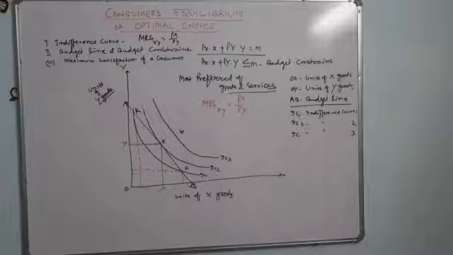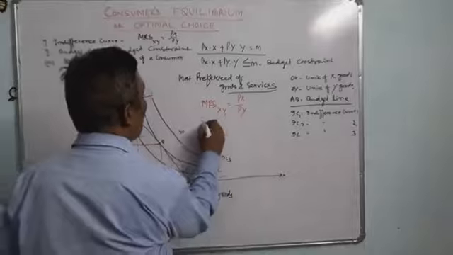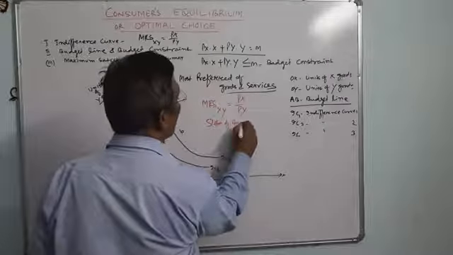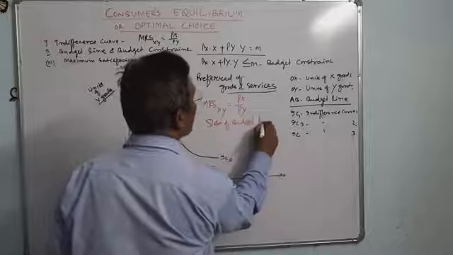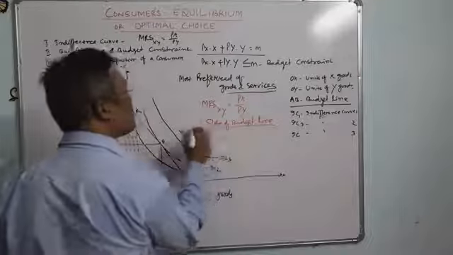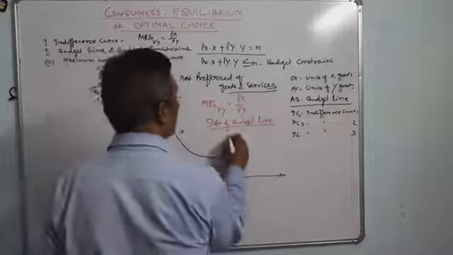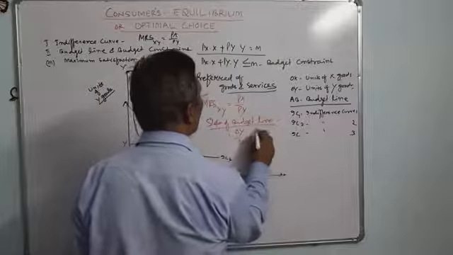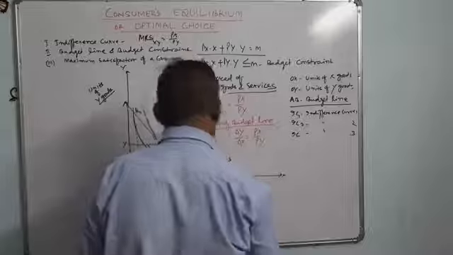And as far as the slope of the budget line is concerned, that is delta Y upon delta X, equal to price X upon price Y.